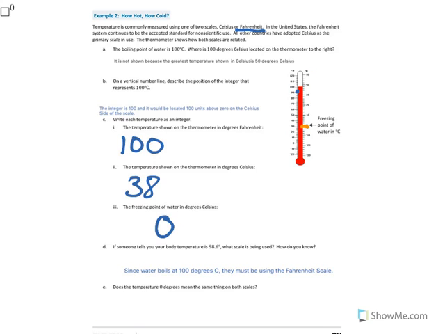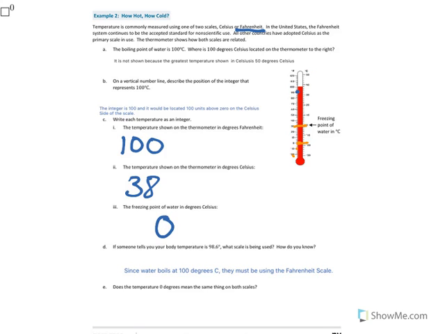And if you went straight across, then that is not where the 0 degrees is on the Fahrenheit side. The 0 degrees on the Fahrenheit side is actually over here, down here. So 0 does not mean the same.